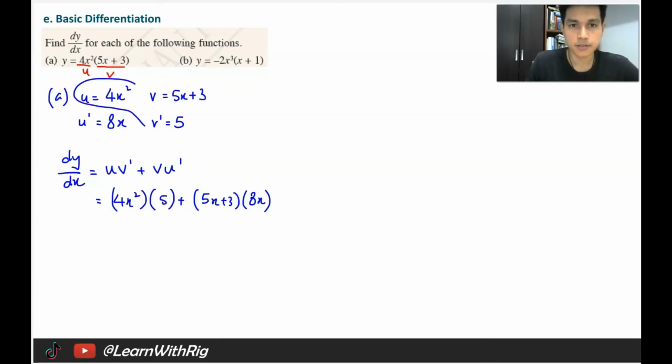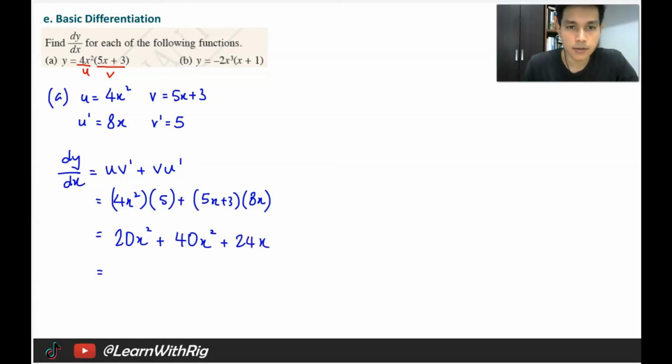This is basically just cross multiplying. When you expand this, you will get 20x squared plus 40x squared plus 24x. So you will get 60x squared plus 24x. This is your answer for question A.